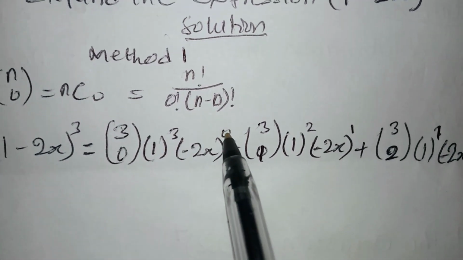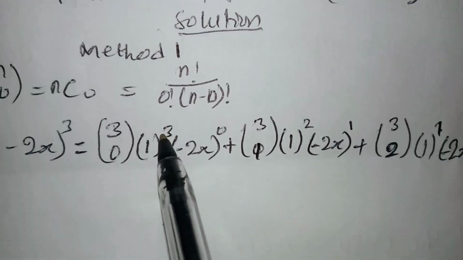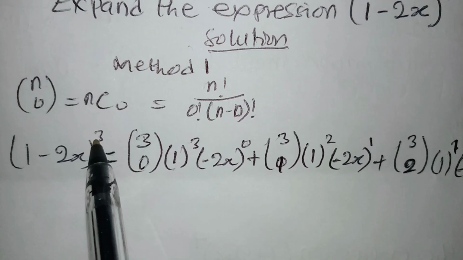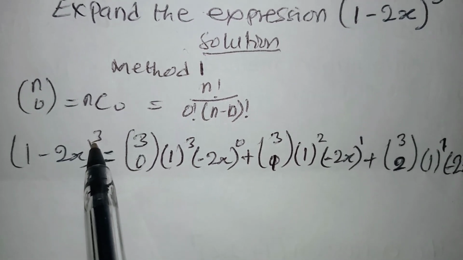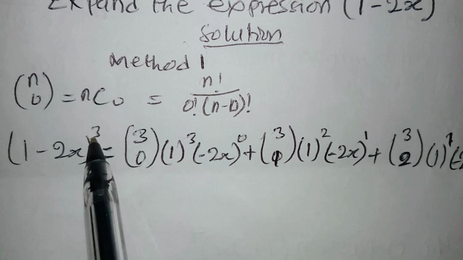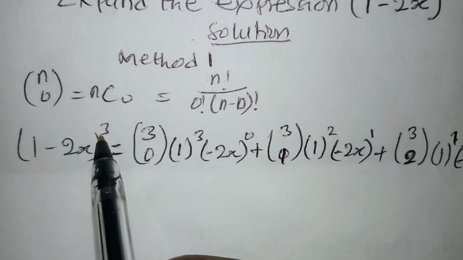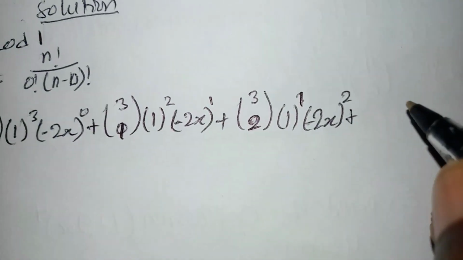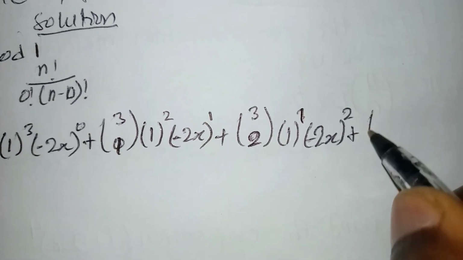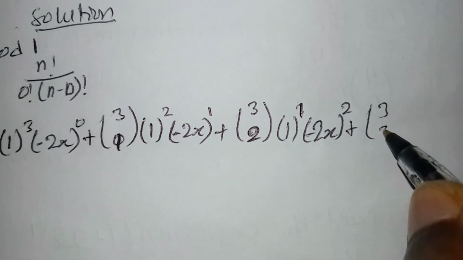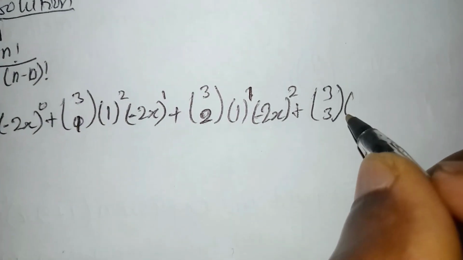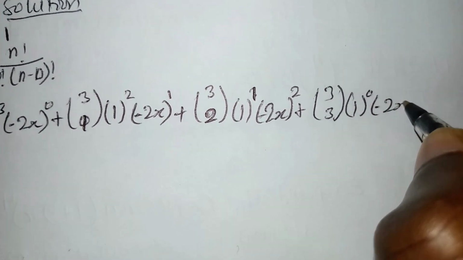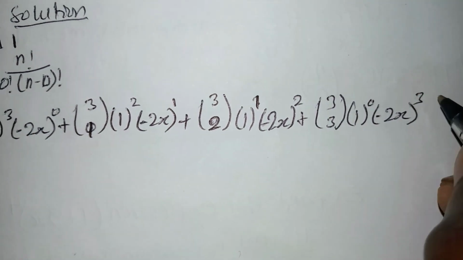Whenever you are doing it, these exponents, when you add them together, should be exactly the exponent given to you. So the last term here will be 3 combination 3 multiplying with 1 exponent 0, then negative 2x exponent 3. So this is the last term.